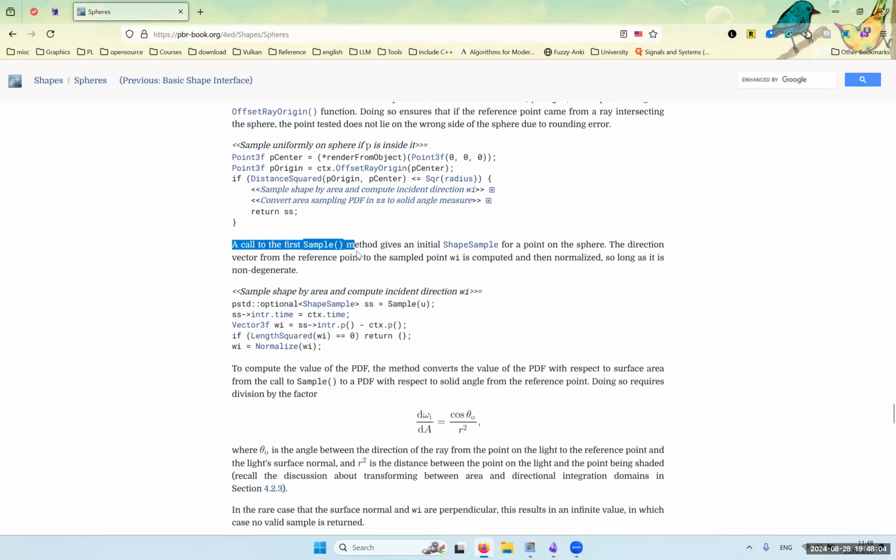A call to this first sample method gives the initial shape sample for a point on the sphere. The direction vector from a reference point to the sample is computed, then normalized, as long as it's non-degenerate.